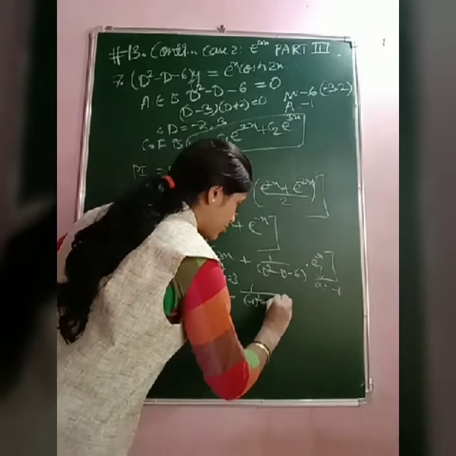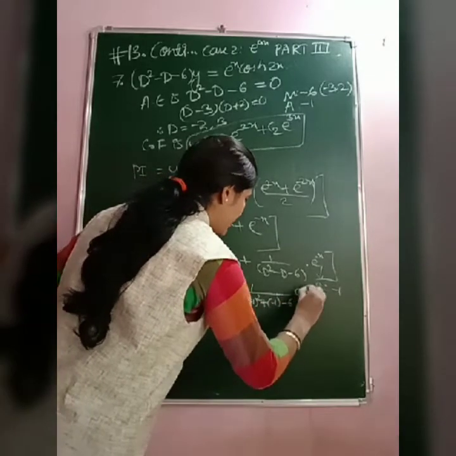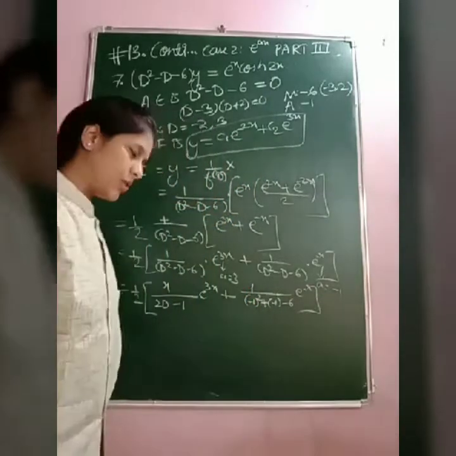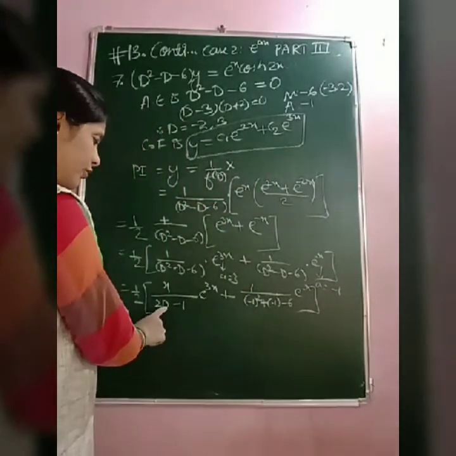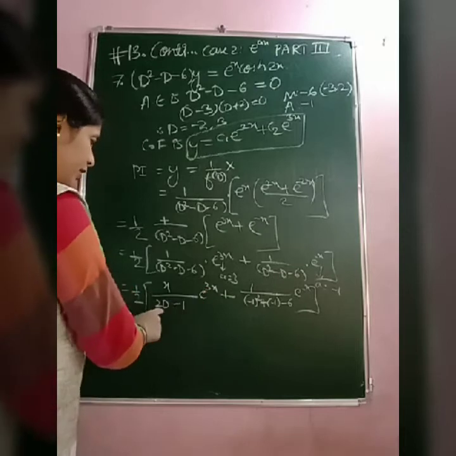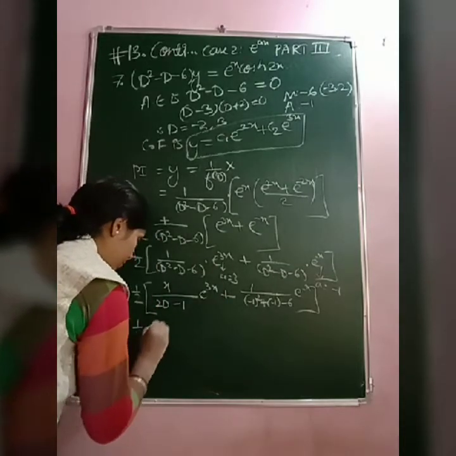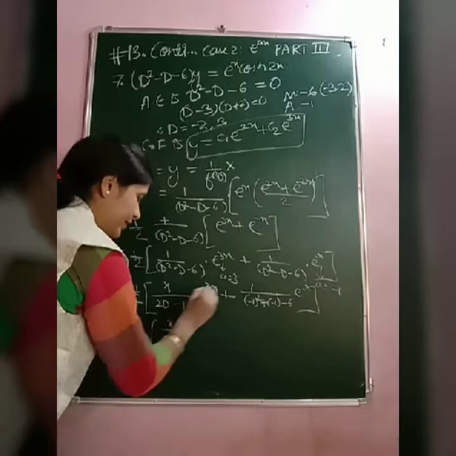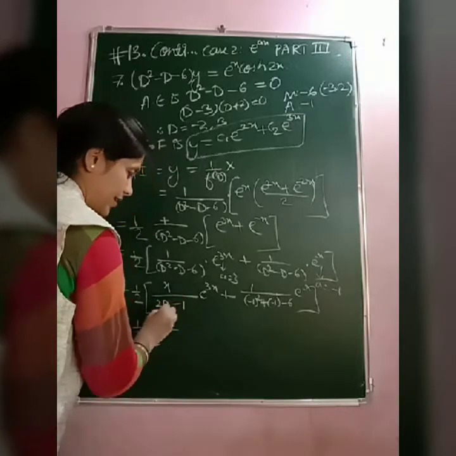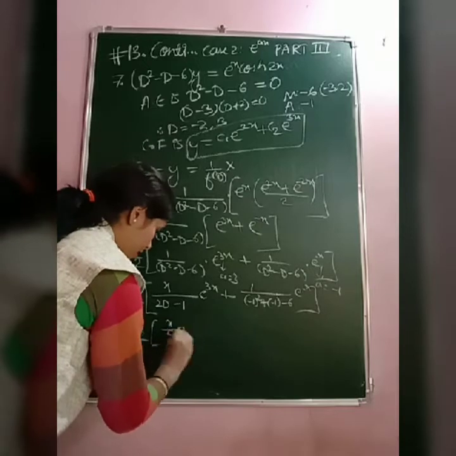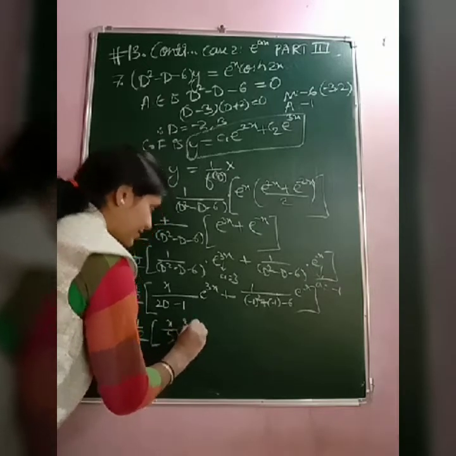Next, minus of minus 1, minus 6, e raised to minus x. So let us write this. Here, what is the D value? 3. 3 times 2 is 6, 6 minus 1 is 5. So 1 by 2, x by 5, e raised to 3x.